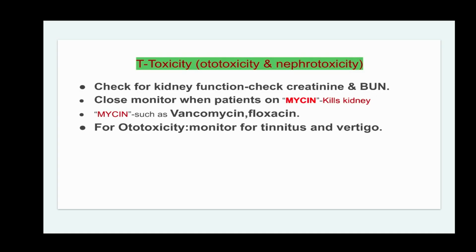Also need to monitor if the patient is on a mycin. The mycin group of medications includes vancomycin, gentamicin, etc. So we need to monitor closely for nephrotoxicity, such as the creatinine and BUN levels. This is very important, especially if the patient has kidney disease and if they are on the mycin group of medications.